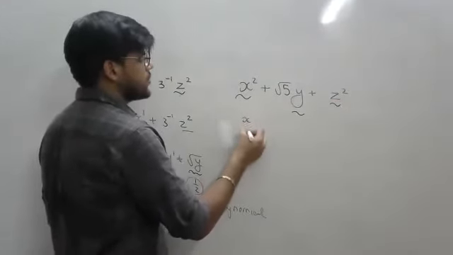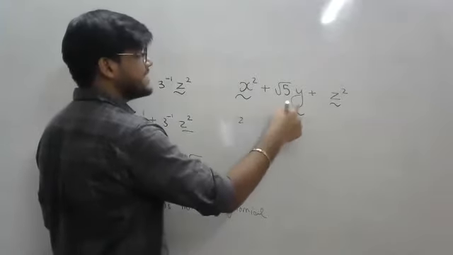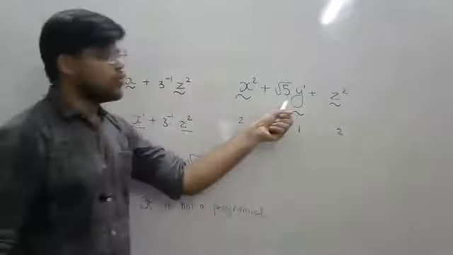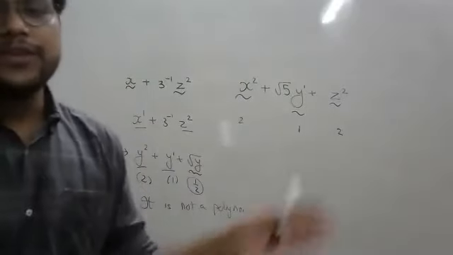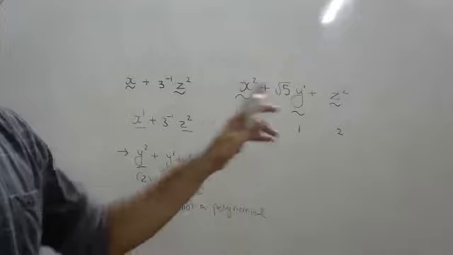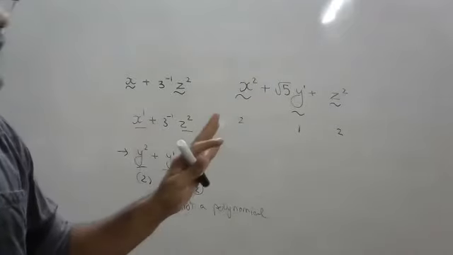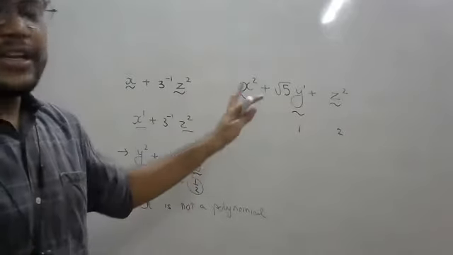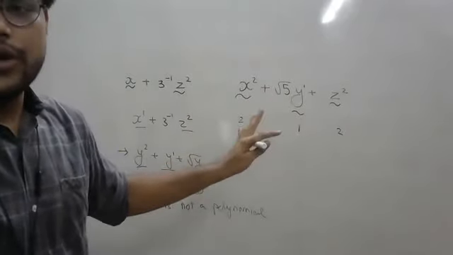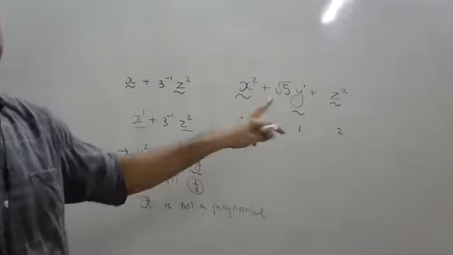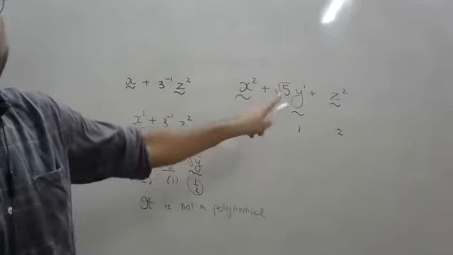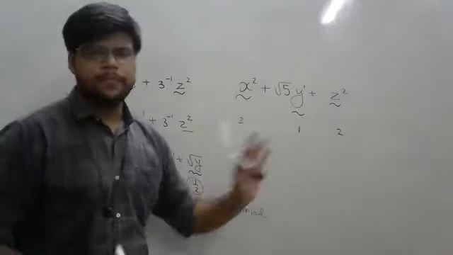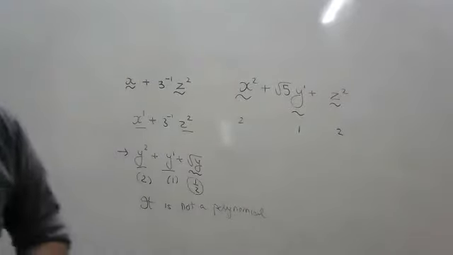The power of x is 2, the power of y is 1, and of z it is 2. The square root sign is on 5 and not on the variable. Until and unless it is on a variable, no need to worry. If the root is on a number, it is a coefficient, so no need to worry. This will be a polynomial.